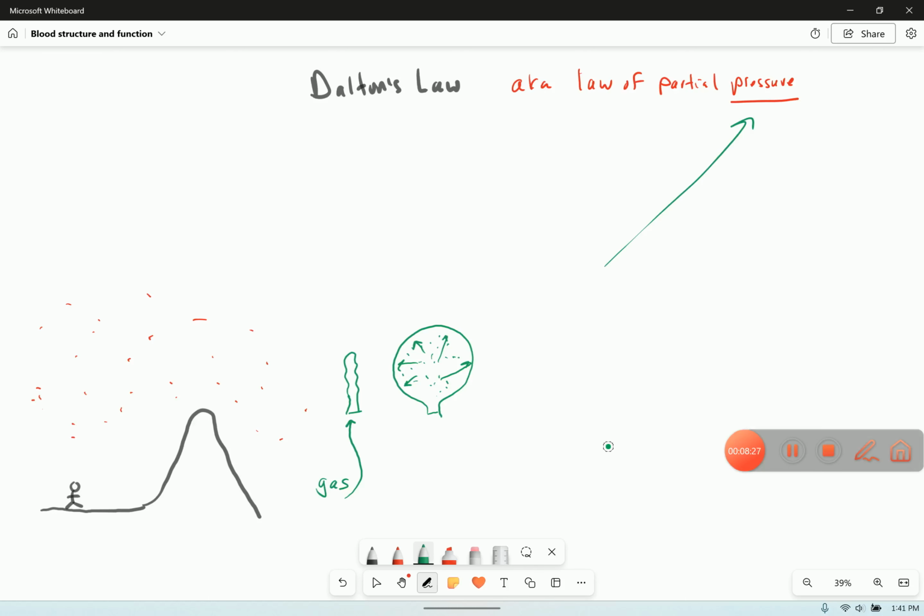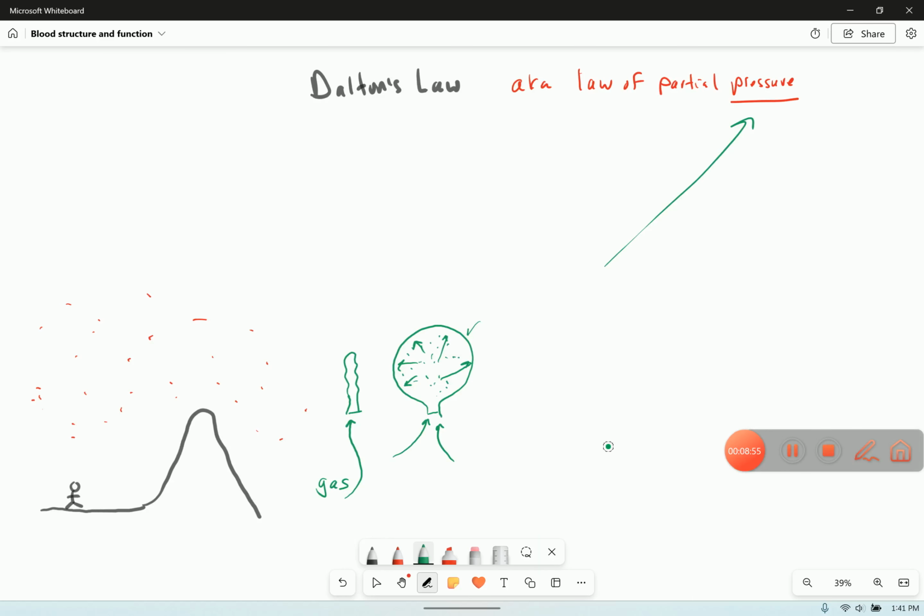Okay, so we can force gas into tanks, gas tanks, and then we can also force gas into our lungs. Now, one of the things that happens is the more force that you put into this, the faster you're going to make these gas molecules bounce around off each other, exerting that partial pressure or force, in this case, against the skin of the balloon.